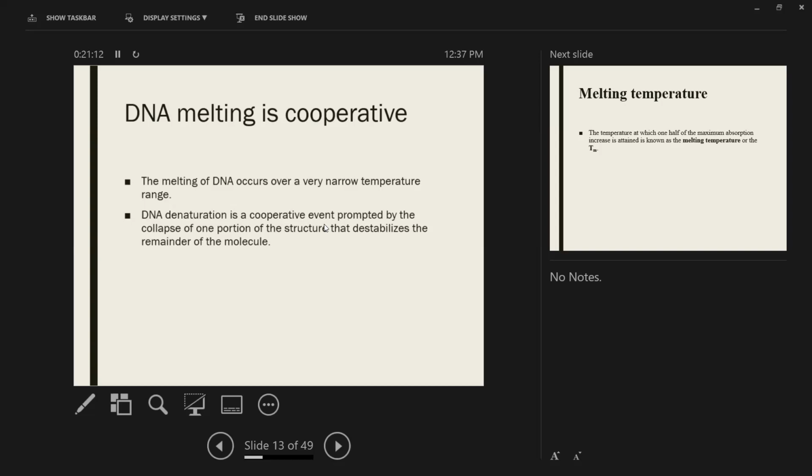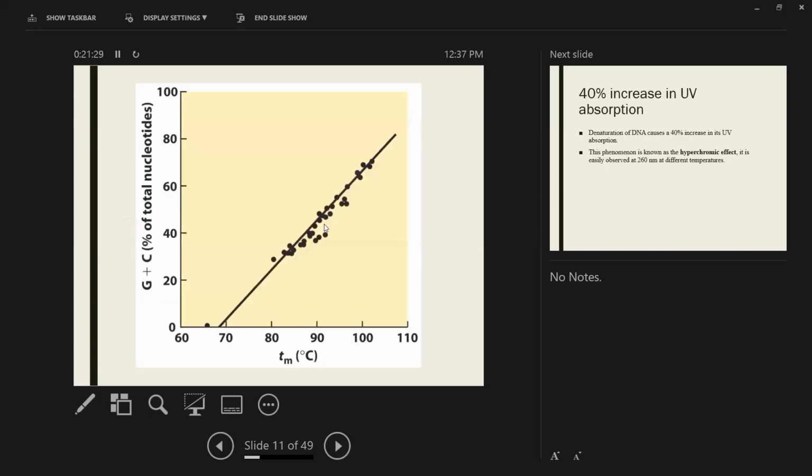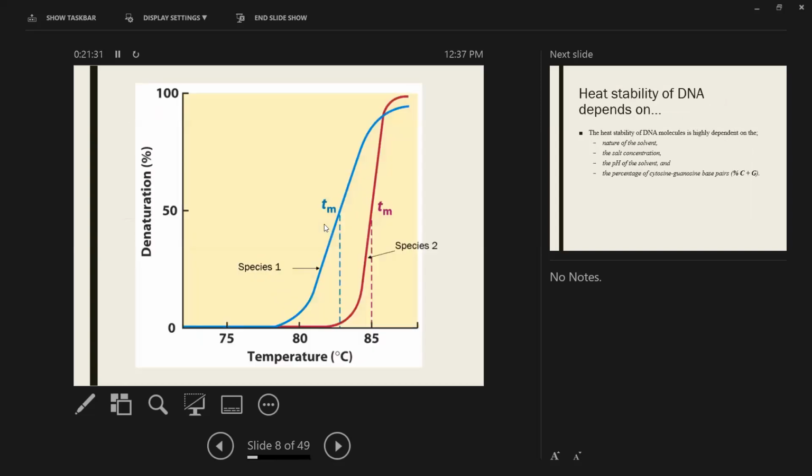So they start to melt too, and it all goes at once. You get small regions of destabilization, and then they merge very quickly and you get denaturation. That's why you get curves like this that are so steep.